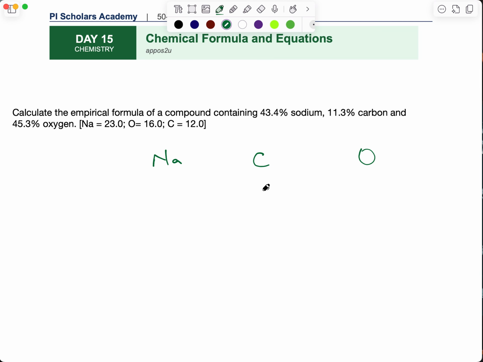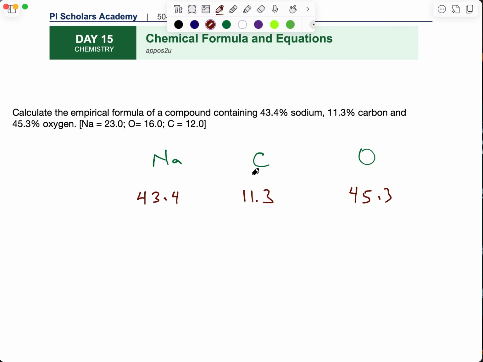The next thing we do is write their percentages under them. So this was given as 43.4%, this as 11.3%, and this as 45.3%. I will just ignore the percentage.